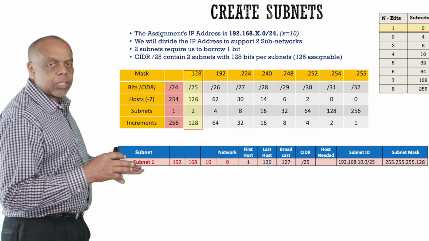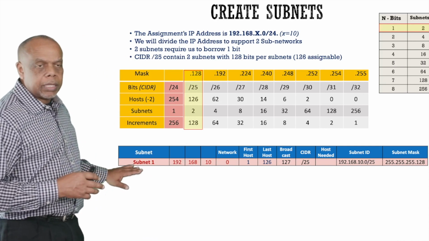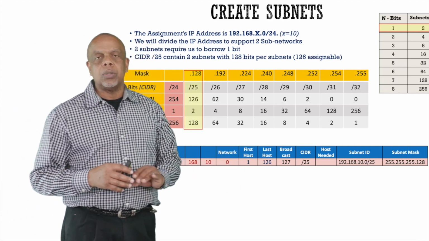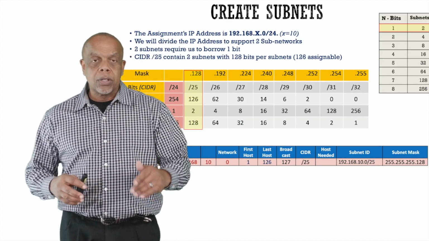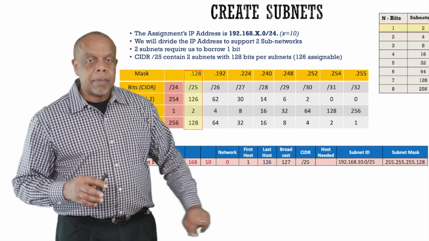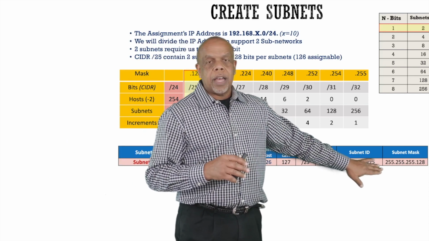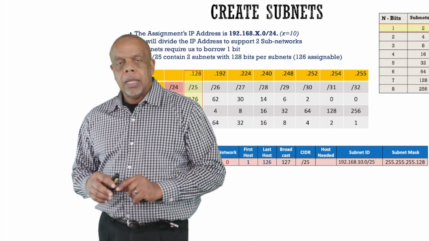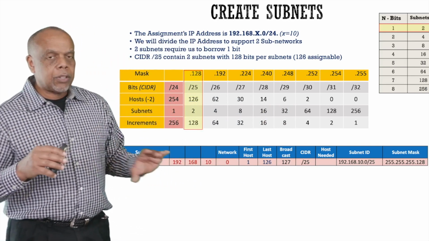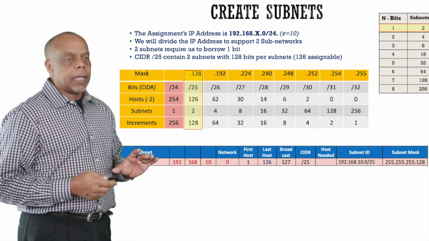That is what my first subnet looks like. The subnet ID is going to be 192.168.10.0/25. The subnet mask, as you see, is 255.255.255.128. That's going to be the IP address range of the first subnet.